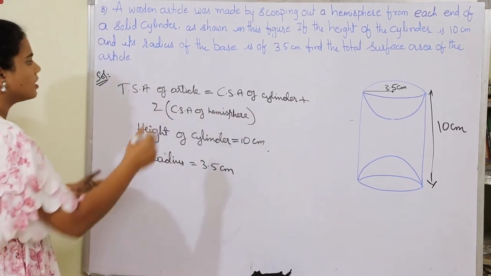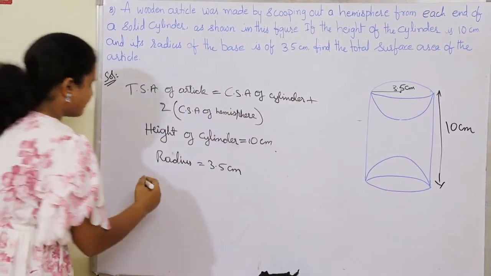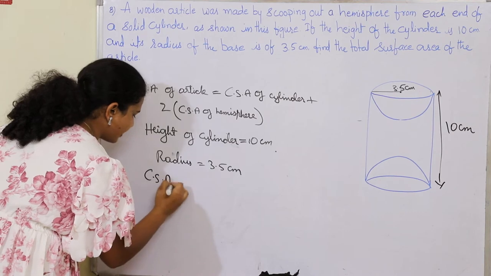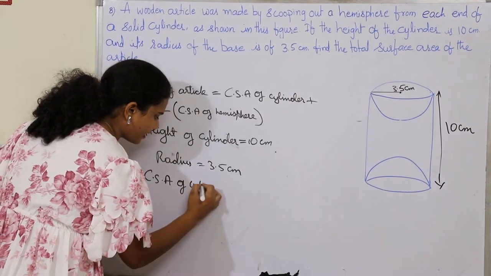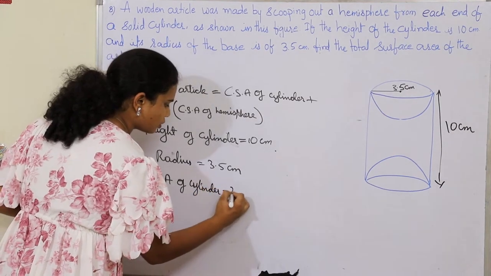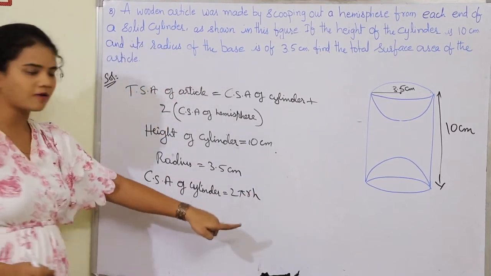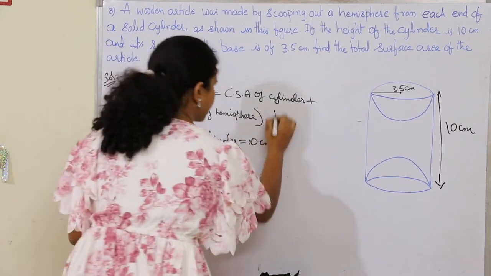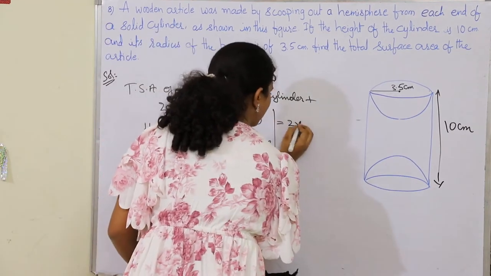Now you have a formula for the curved surface area of a cylinder, which is 2 pi R H, as you know. Let me substitute the formula 2 pi R H. So here, 2 into the pi value.